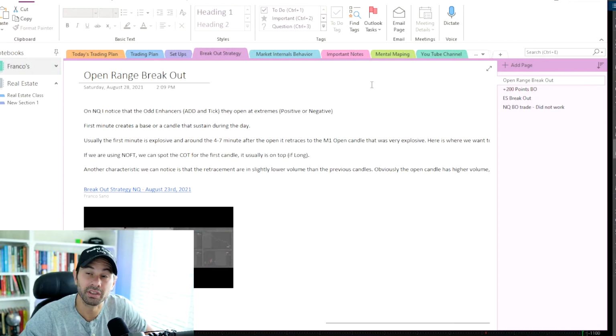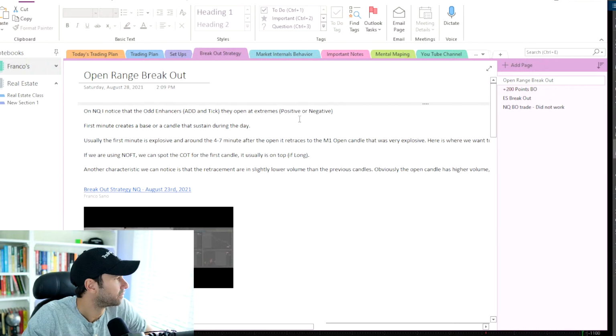So it's very hard to nail a breakout, either to the upside or to the downside. So I just try to minimize. I just have one setup, and every now and then I call it, and it can be high probability.